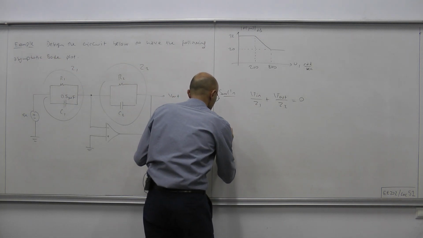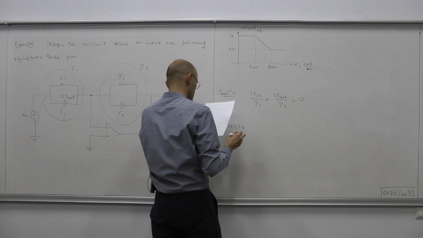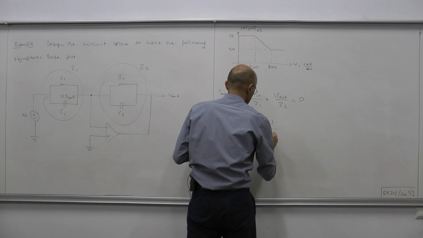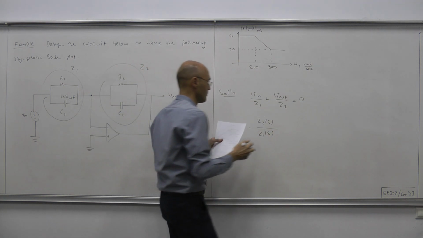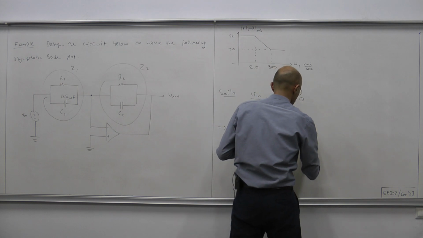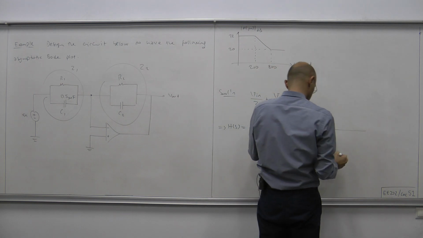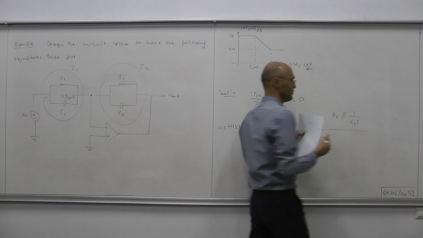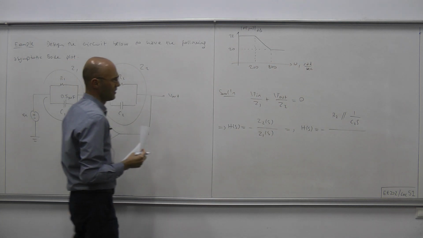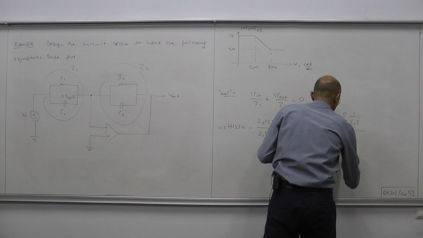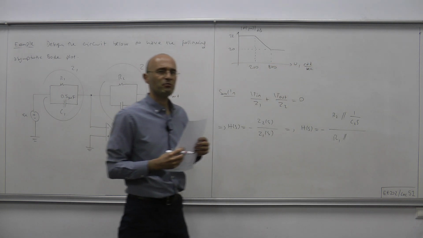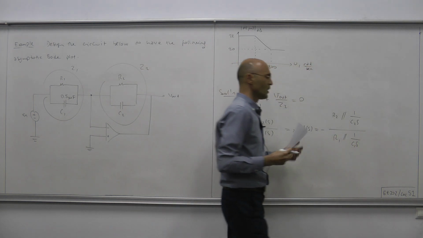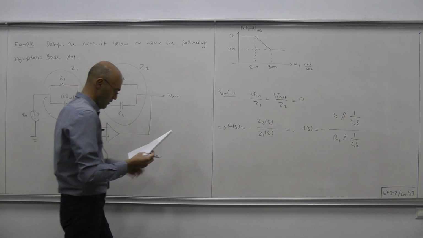So H of S, the transfer function, must therefore be equal to minus Z2 of S over Z1 of S. That is, H of S equals minus R2 parallel with the impedance of the capacitor, which is 1 over C2 S. And as for Z1, we have R1 connected in parallel with the impedance 1 over C1 S.